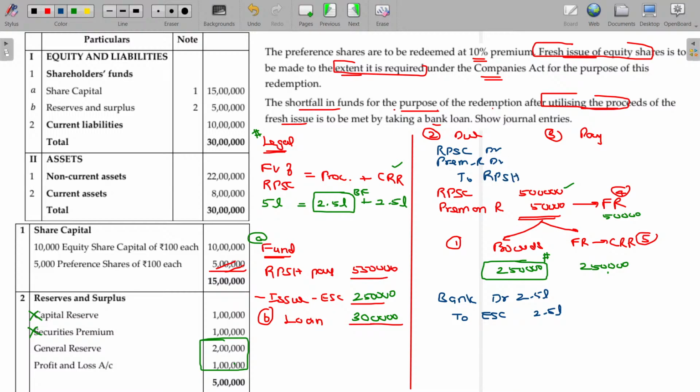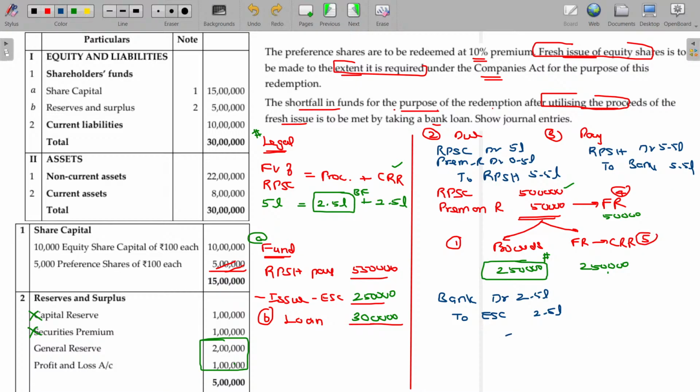This is 5 lakhs, this is 0.5 lakhs, this is 5.5 lakhs. Now pay to them: redeemable preference shareholders account debit to bank, the payment being 5.5 lakhs. And for this premium on redemption, the loss is adjusted in the P&L account.